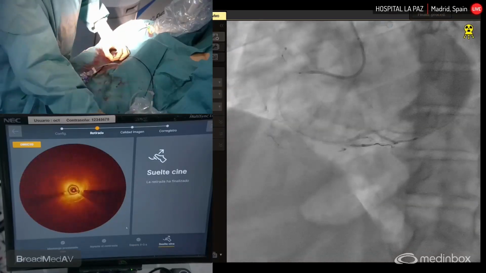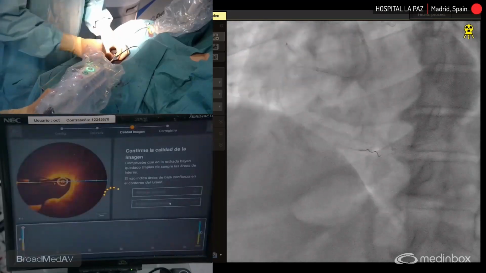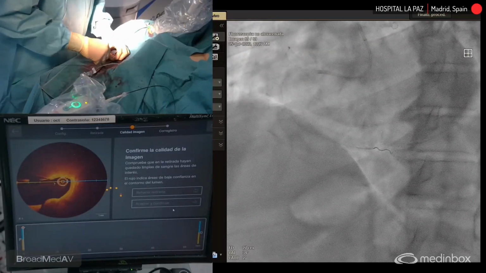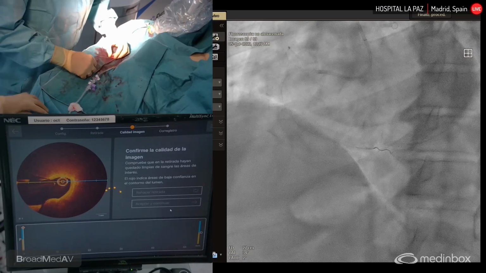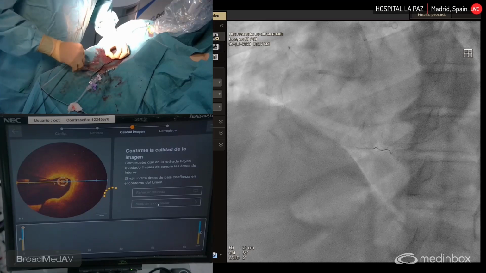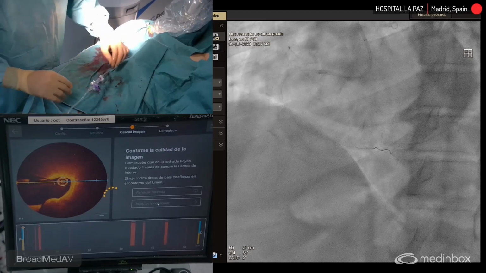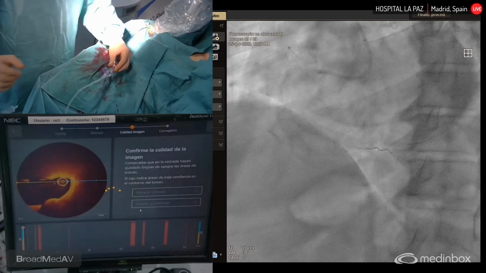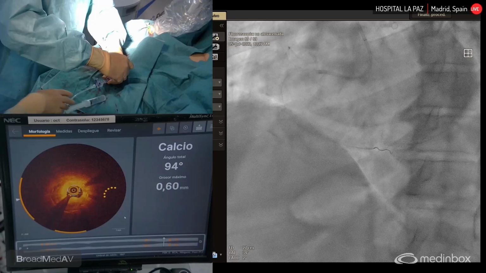Vale, vamos a sacar todo y revisamos. ¿Qué tal, Francisco? Ven, enseguida te vas a encontrar mejor, ya verás. Da un poquito más de nitro y un par de jeringas de suero.